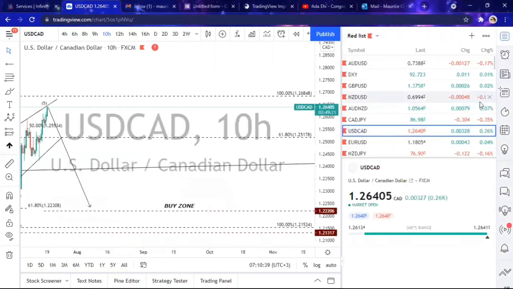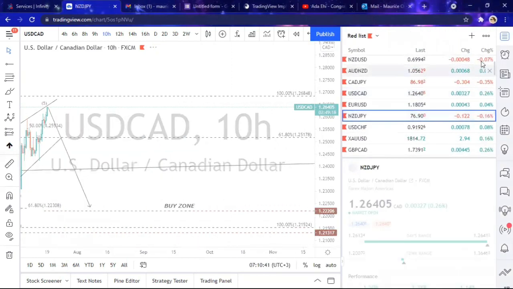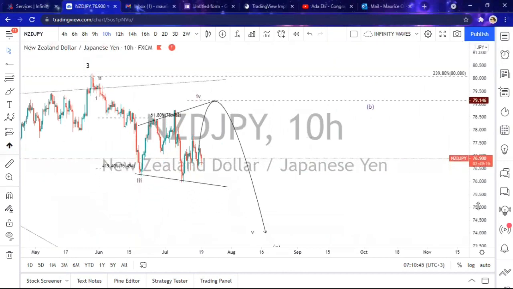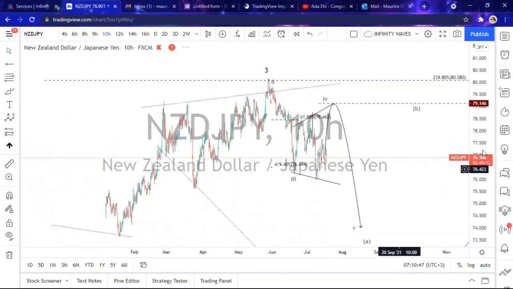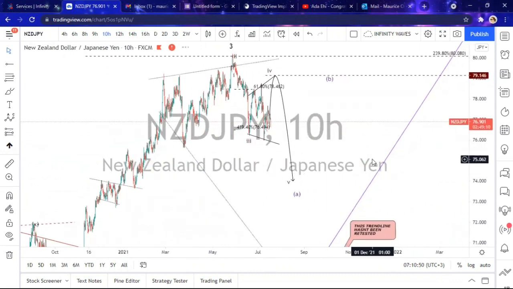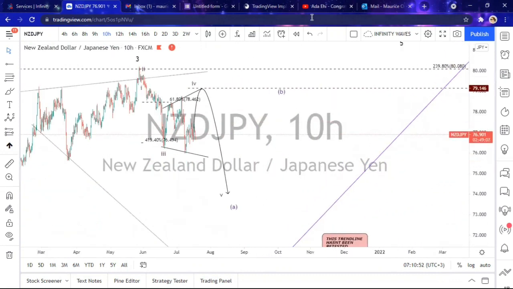Now our next is New Zealand dollar, Japanese yen. New Zealand dollar, Japanese yen, we are in a corrective wave 4 structure. So we are waiting for this move. This move can go all the way to here, then drop, or it can just come down here, drop to continue for wave A here, then go back up for this wave B. So we are in a corrective structure for wave 4 and in wave A of wave 4.